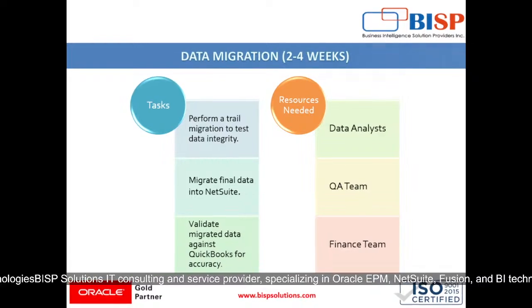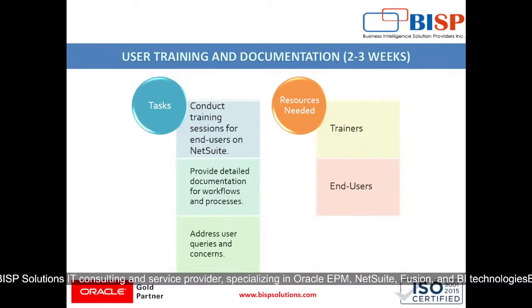Then comes our user training and documentation. So it will take around 2 to 3 weeks, where tasks involved are conducting training sessions for end users on NetSuite, providing detailed documentation for workflows and processes, and also addressing users' queries and concerns, for which we will require trainers and end users for this phase.